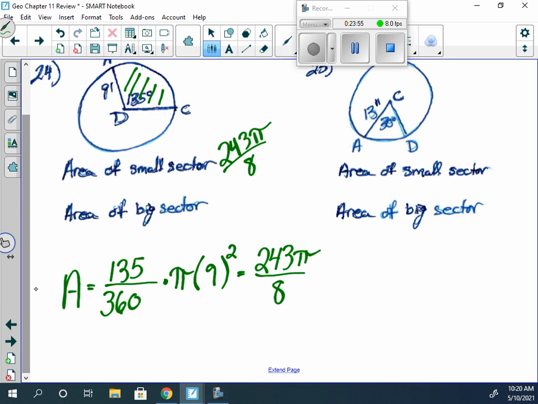Now there's 2 ways we can go about finding the area of the bigger sector. One of them is taking the same formula and doing 360 minus 135 and plugging that measure in there. So 5 would give me 40, 2 would give me 60, and I believe it should be 225. And we'll do the exact same thing here.